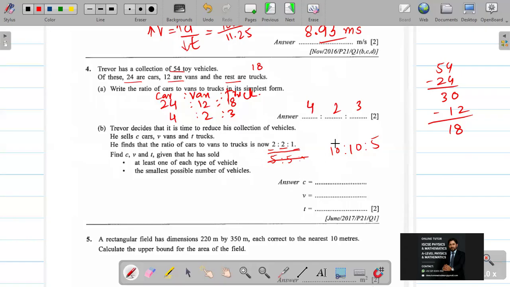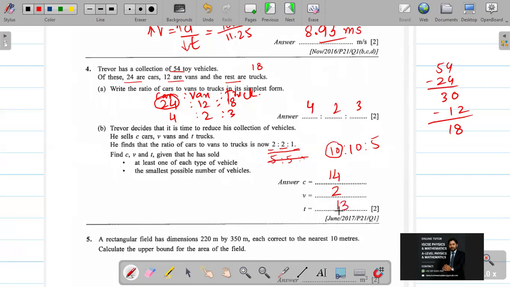So here, when I subtract 10 from 24, I am getting 14. Then 10 should be subtracted from here: 12 minus 10, I am getting 2. Then 18 minus 5 is equal to 13.